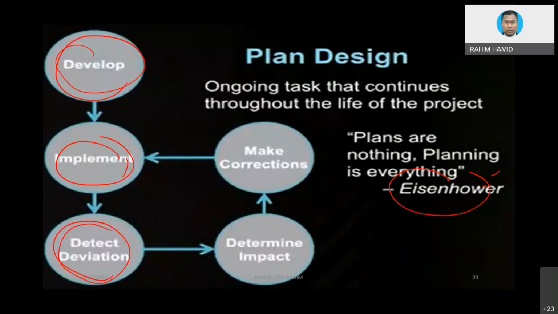In planning, we call it deviation, or variation, something that deviates from the actual plan. So if you detect deviation through the monitoring process or tracking process, then you can assess the impact, to what extent.